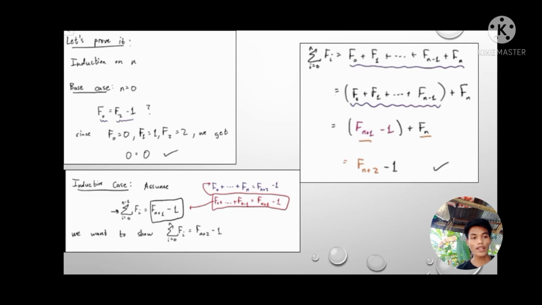Now, in the inductive case, let's just assume that the statement is true for n minus 1.